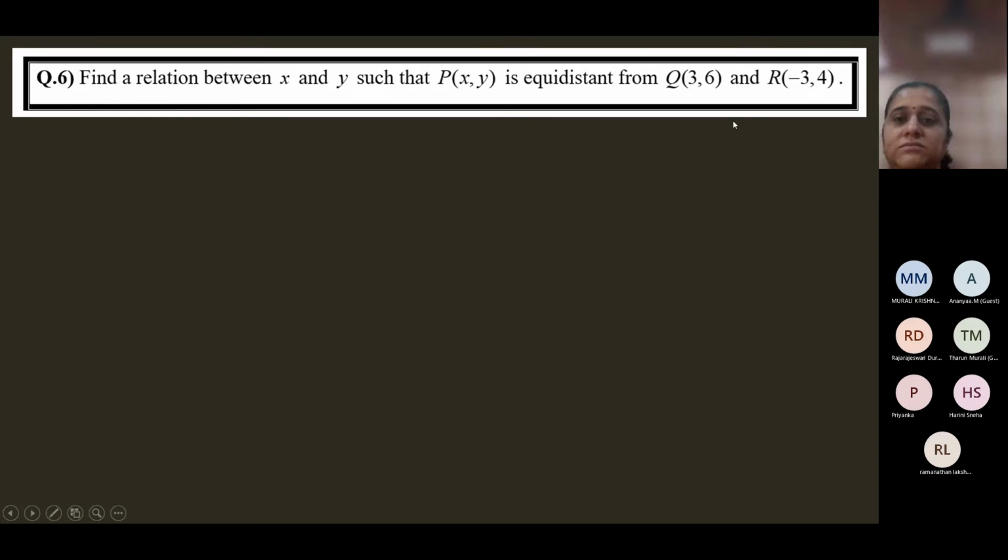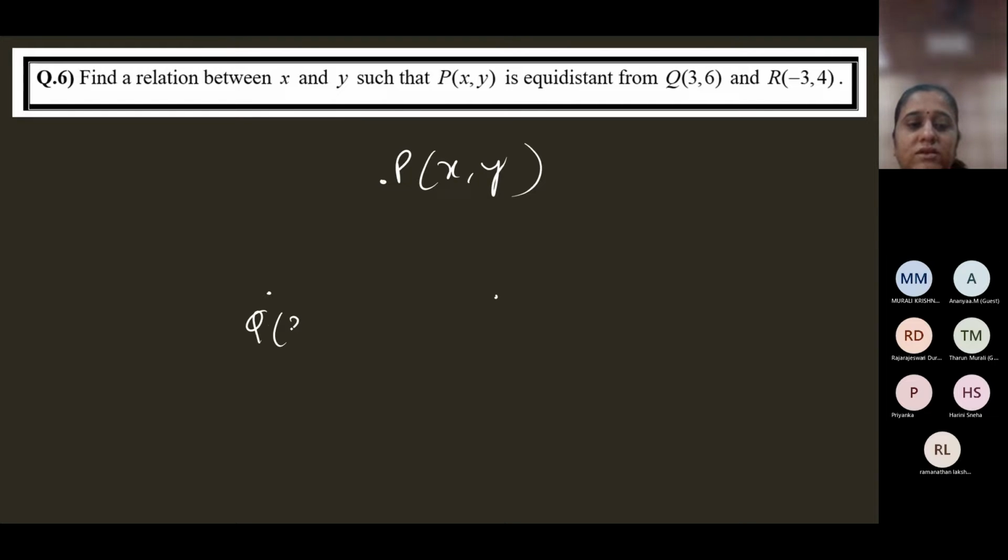Yes, children. Find a relation between x and y such that P of x comma y is equidistant from Q and R. So similar to what we just saw, it's given that P is equidistant from Q and R, Q (3, 6), R (minus 3, 4).